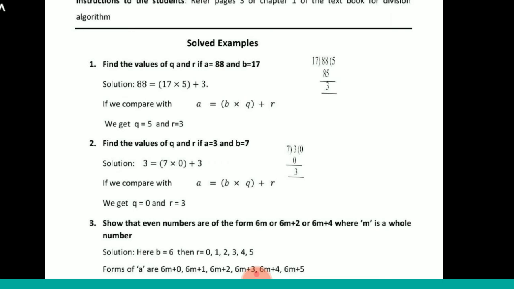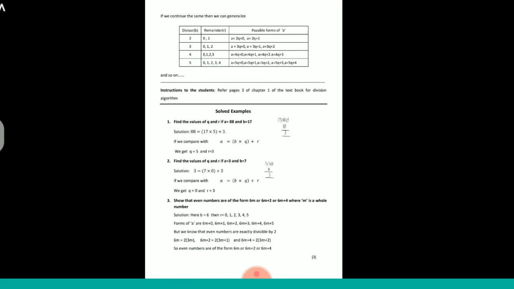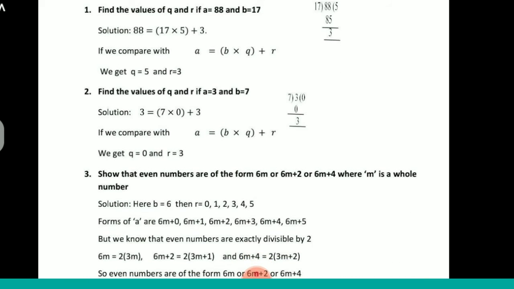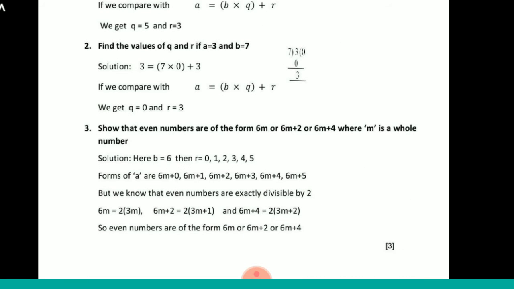Okay, and now very important, see this third example. Show that even numbers are of the form 6m or 6m plus 2 or 6m plus 4, where m is a whole number.